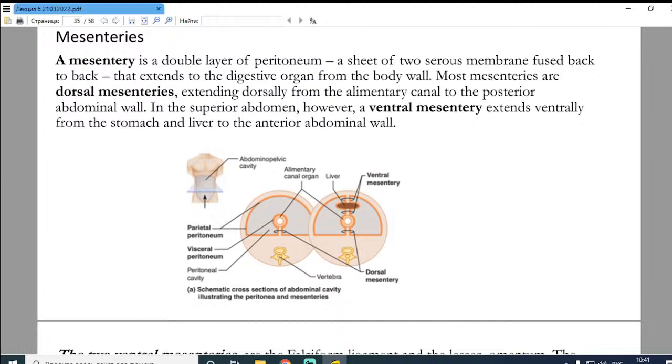In the superior abdomen, a ventral mesentery extends ventrally from the stomach and liver to the anterior abdominal wall. Dorsal mesentery, ventral mesentery around the alimentary canal organs and glands, liver.